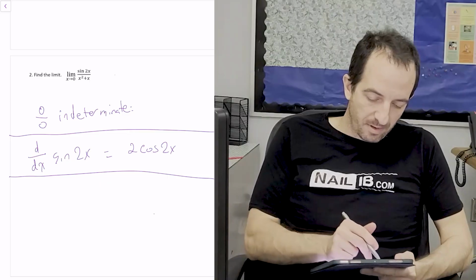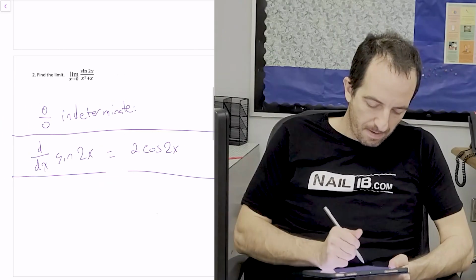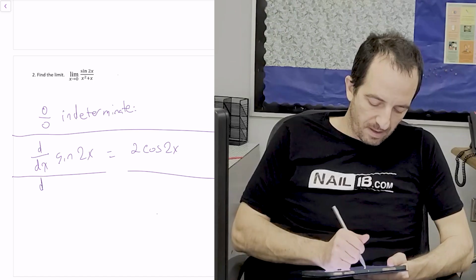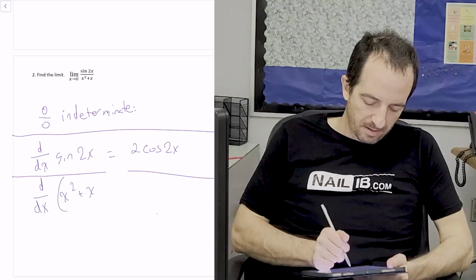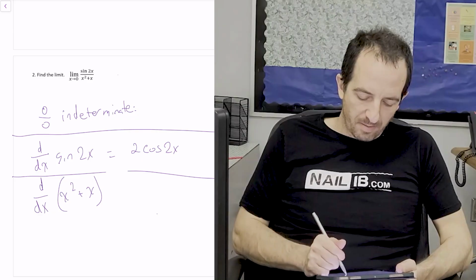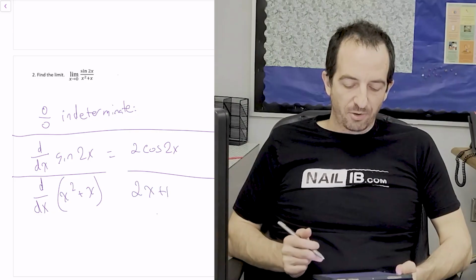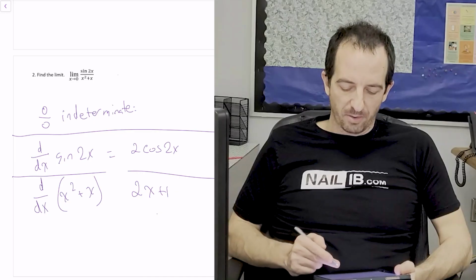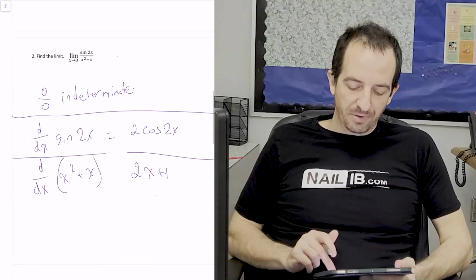Divided by, right, it's going to be over d dx of x squared plus x. That's going to become 2x plus 1. And now I try to take the limit of the ratio of the derivatives. So I will start by substituting in the 0.